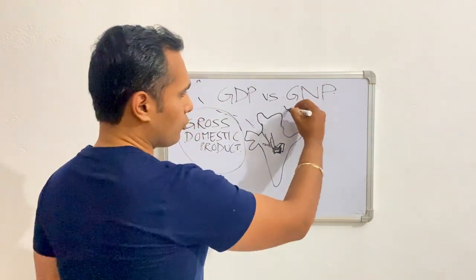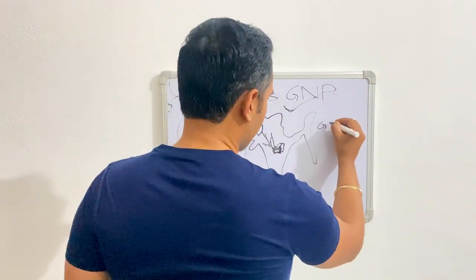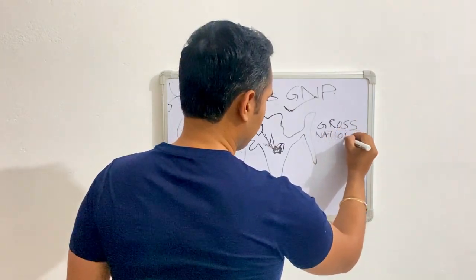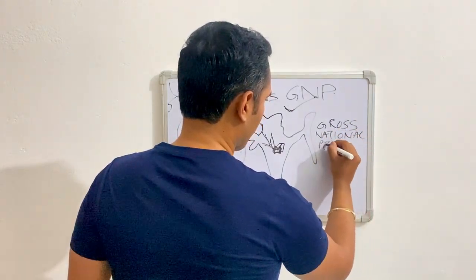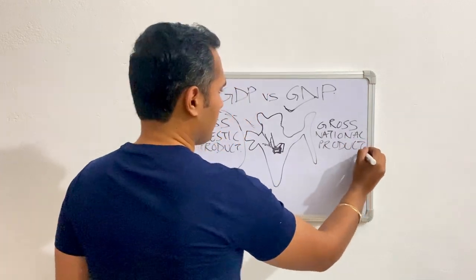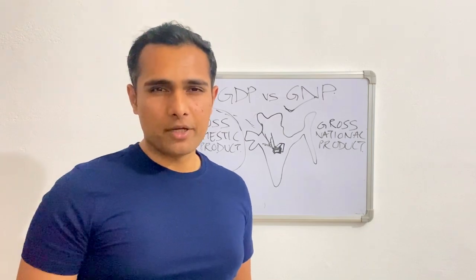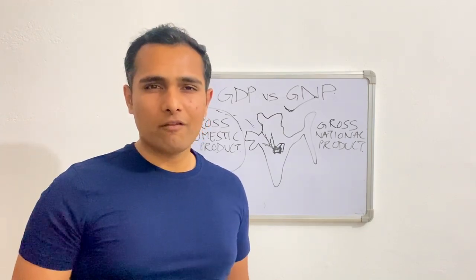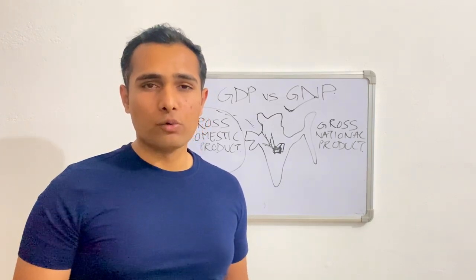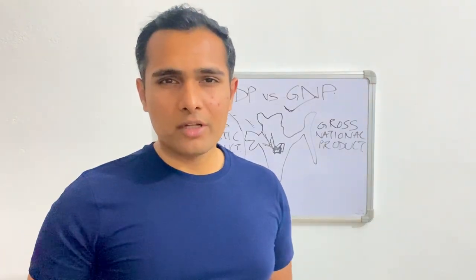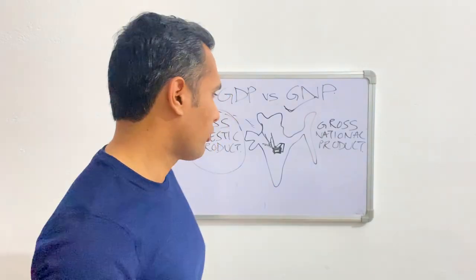However, when we look at GNP, it is different. GNP stands for gross national product. GNP is a little bit different from GDP. In GNP, it means the total value of goods and services produced by Indian nationals. Here we are not taking into account the physical boundaries of India.